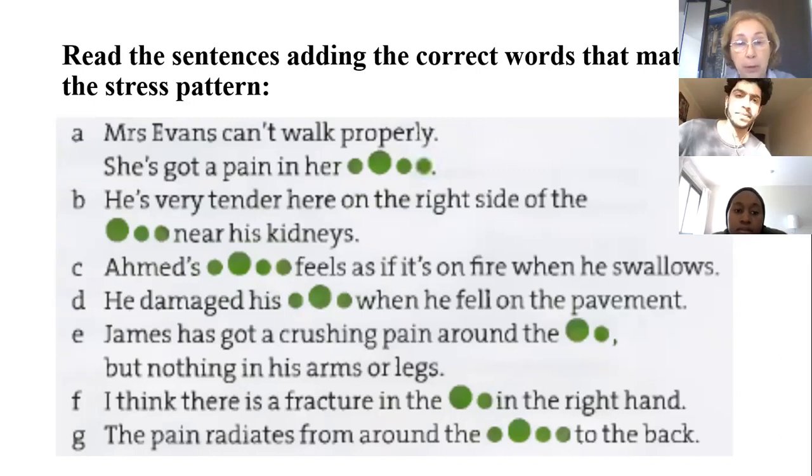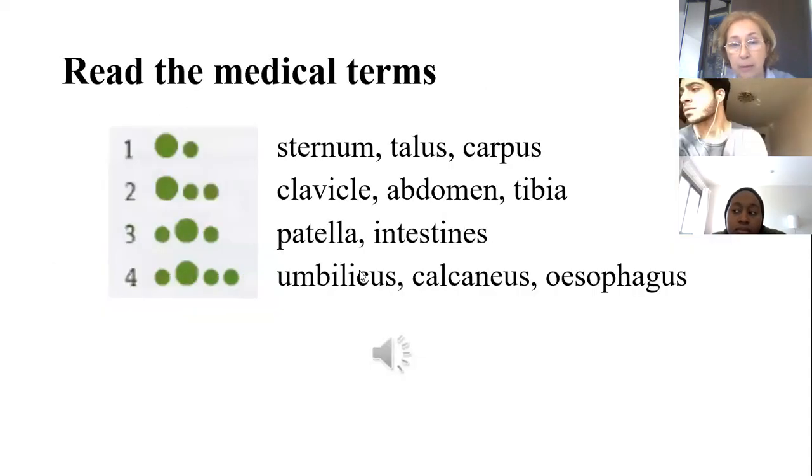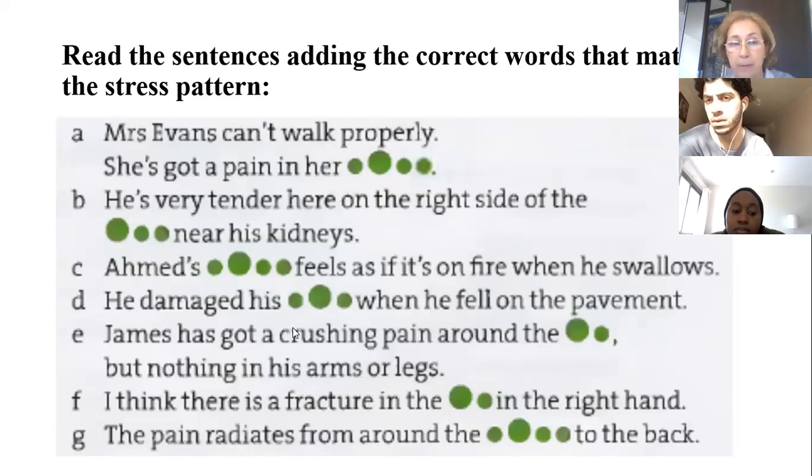Okay, so there should be the word consisting of 3 syllables, and the stress is on the second syllable. So, group 3. He damaged his what? Patella. Yes. Okay.